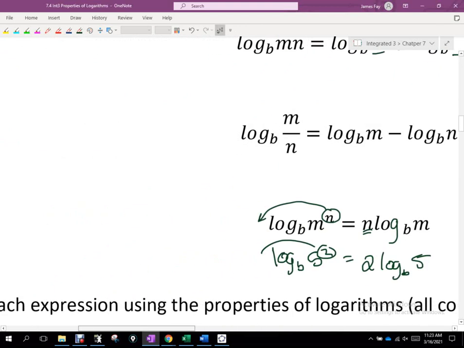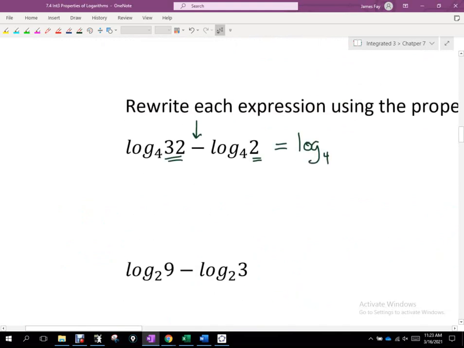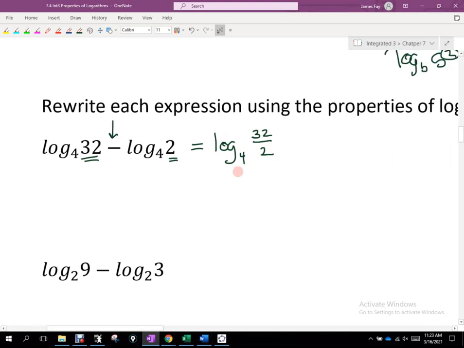So we've got 32 minus 2. I'm going to turn that into division, 32 over 2. Now it says evaluate if we can. I think we can. If these are all numerical, we can evaluate this. What's 32 divided by 2 the same as? What's 32 cut in half? 16.